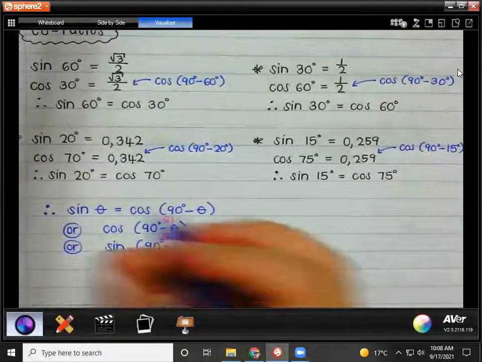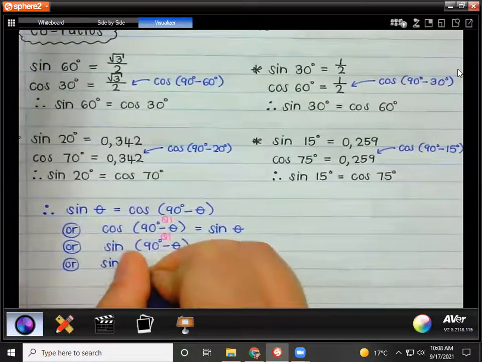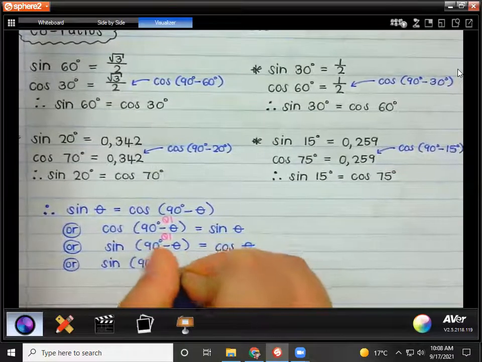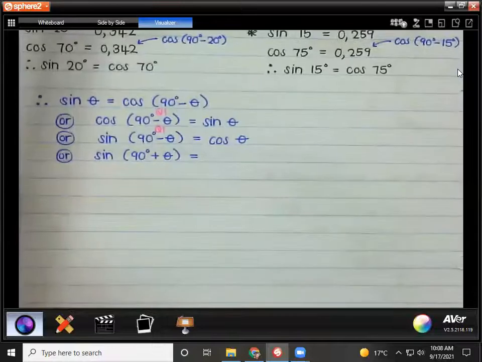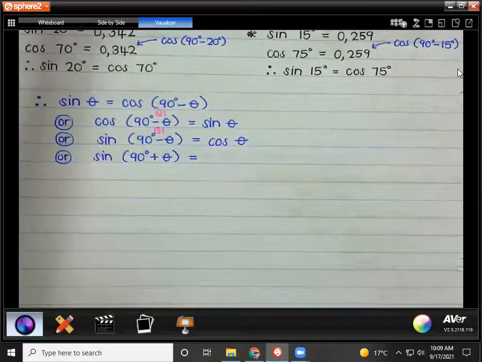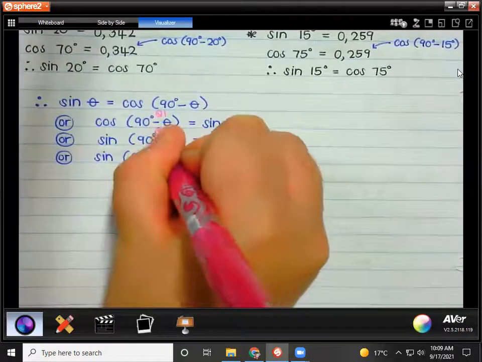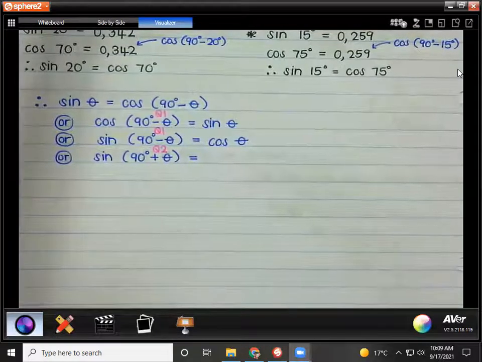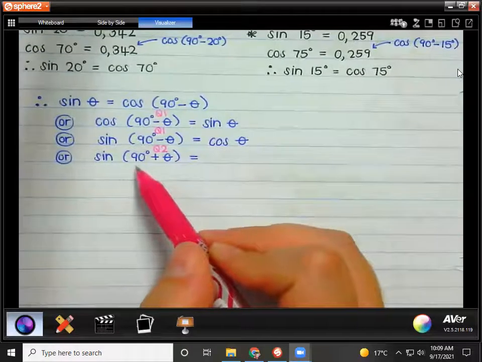So I'm just going to add it here. If you have sine of 90 plus theta, is that still in the first quadrant? 90 degrees plus an acute angle is actually going to be in the second quadrant. So we still need to do that whole thing. Whenever we're working with reduction formula, we first figure out which quadrant it's in. What is sine in the second quadrant?